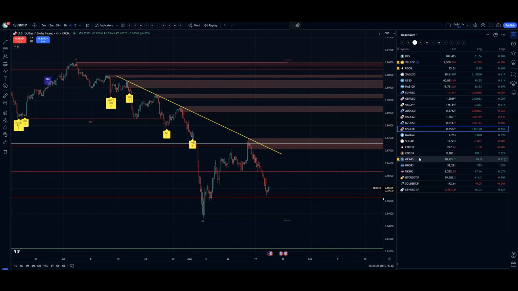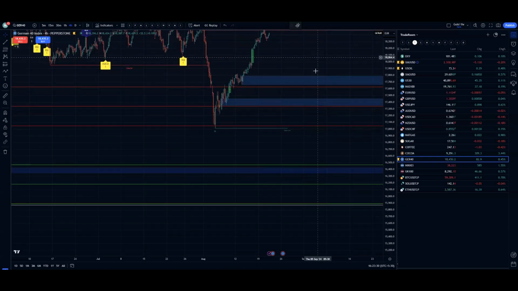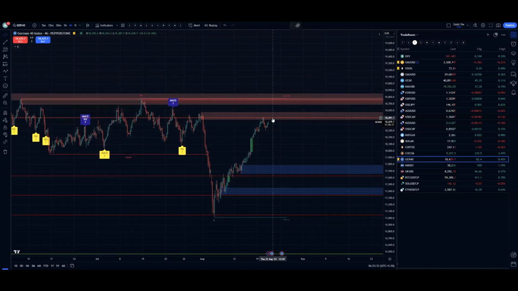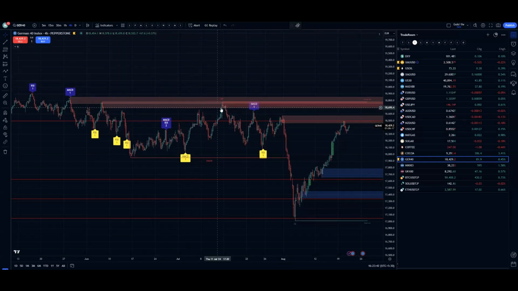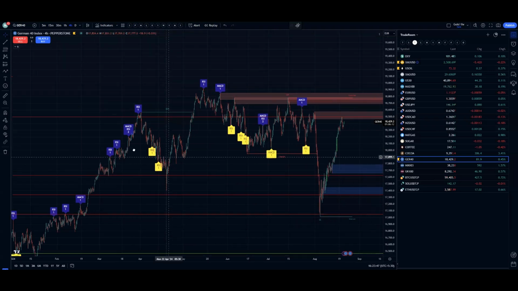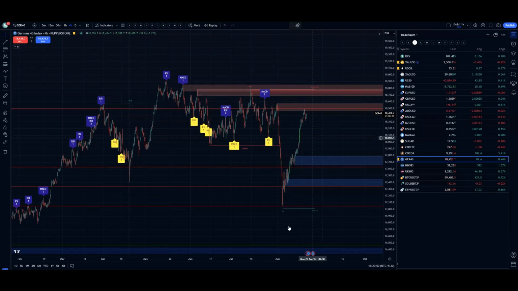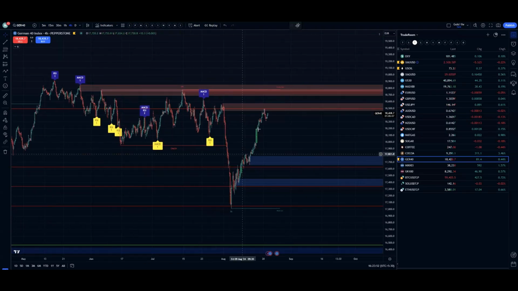Apart from this, I think there are interesting opportunities in Germany 40, which is DAX, from this 18,500 level. It's a little bit riskier with the markets rallying a bit. On this upside, there are also other resistance levels. The recovery has now completed.